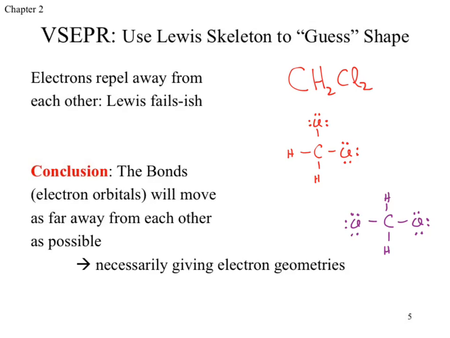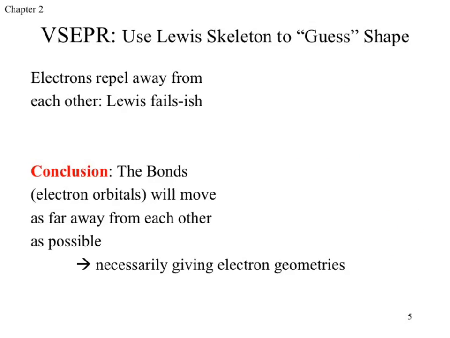And that's where we had to come up with some other kind of way to describe and predict shapes out of these things. So the example I typically like to go with would be methane. And if we drew out our methane structure, we could look at this and say that our bond angles must all be equivalent.